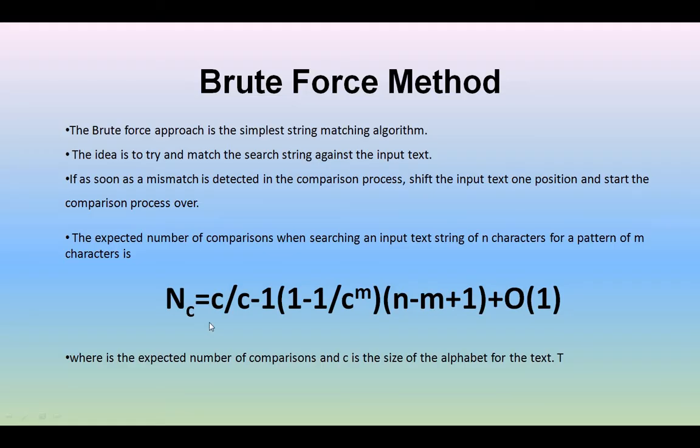NC is the number of comparisons, and we have N characters for a pattern of M characters in the given text T. So this is the formula we have to apply while doing the string comparison.